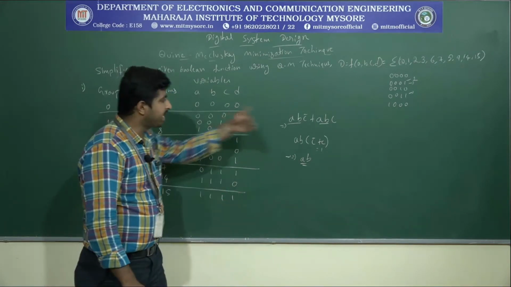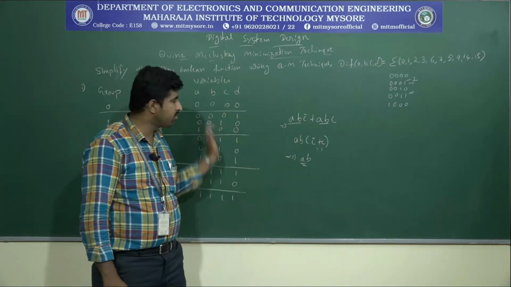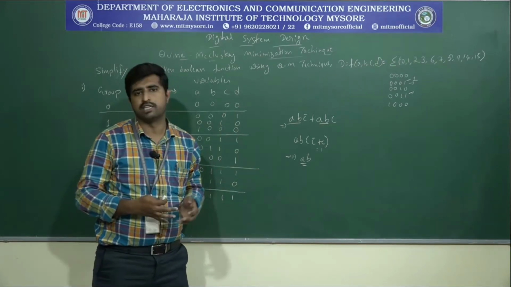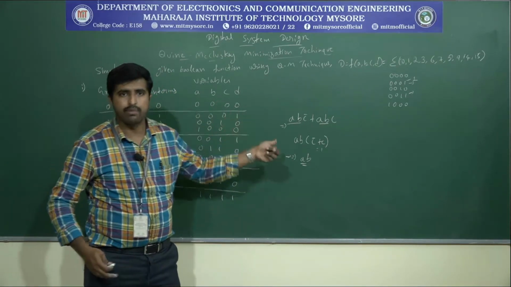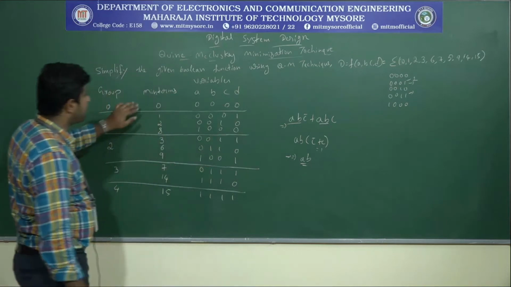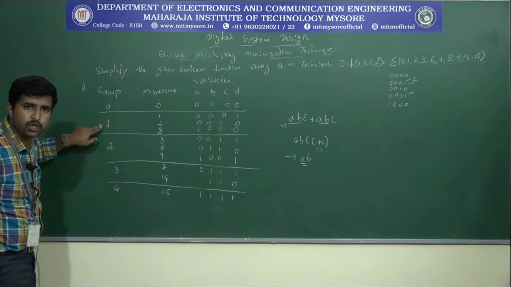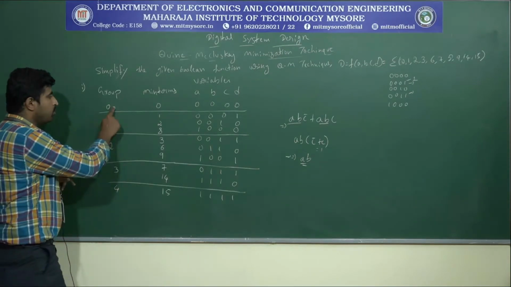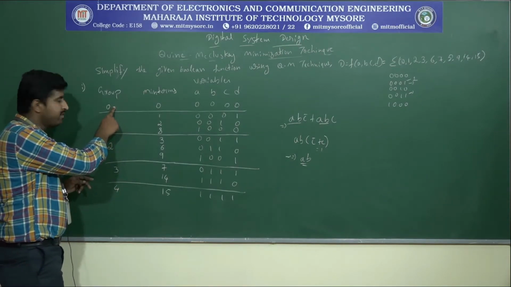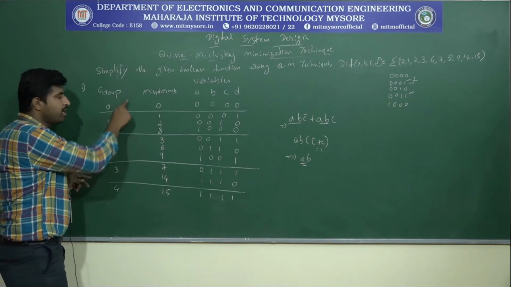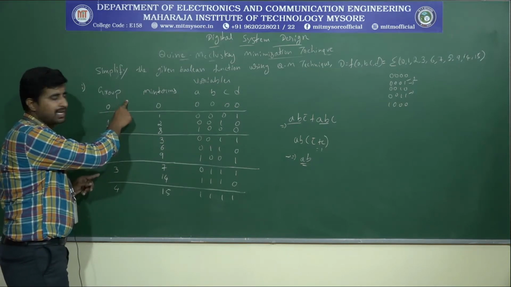So let's create a table. This will be in the form of tables. We need to group the n group with the n plus 1 group. So group 0 will be compared with group 1 to make 2 min term groups.